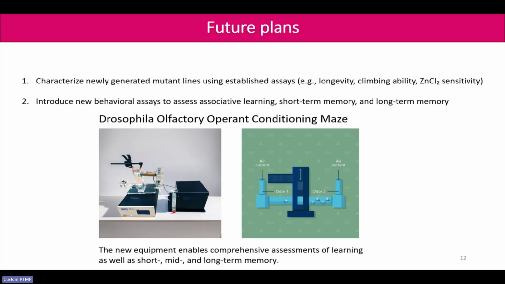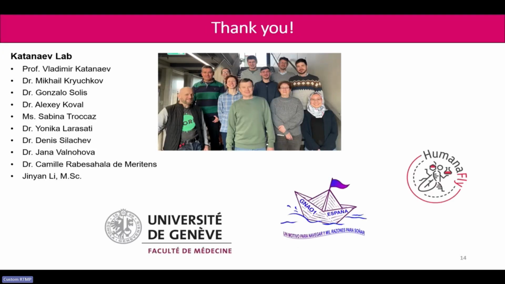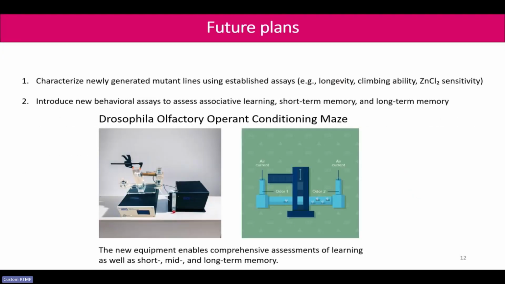For this we now have special equipment with which we can train flies with mutation and control flies with odor and electroshock, and then give them a choice between two different odors.